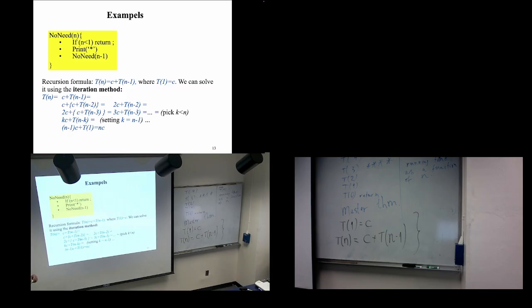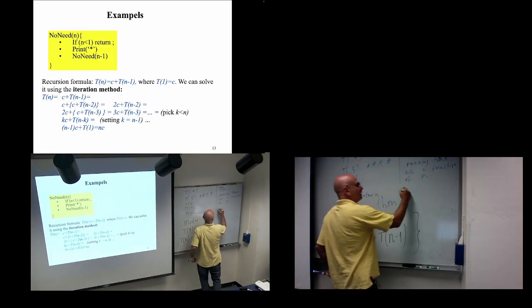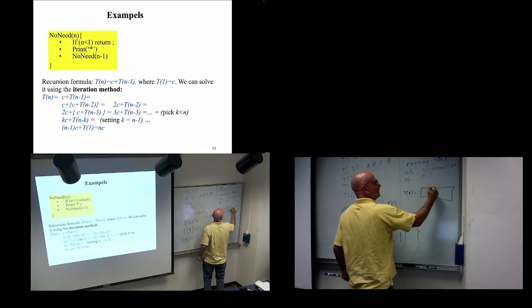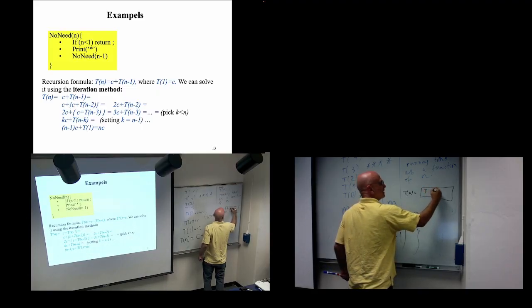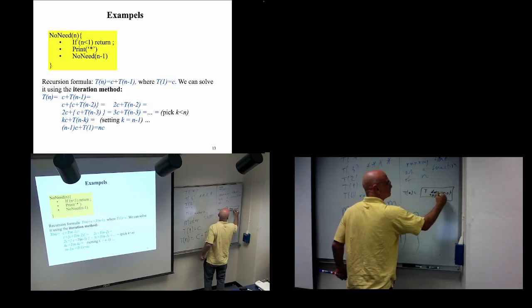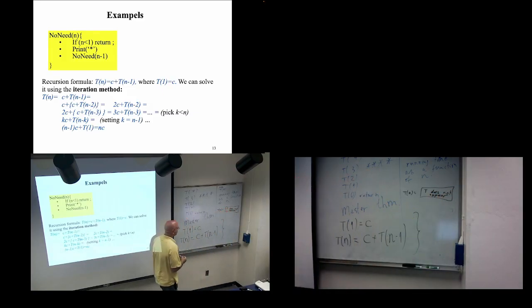When you see it in the homework, solving the recursion formula, understand you want to write T of n equals something on the right hand side where T does not appear.